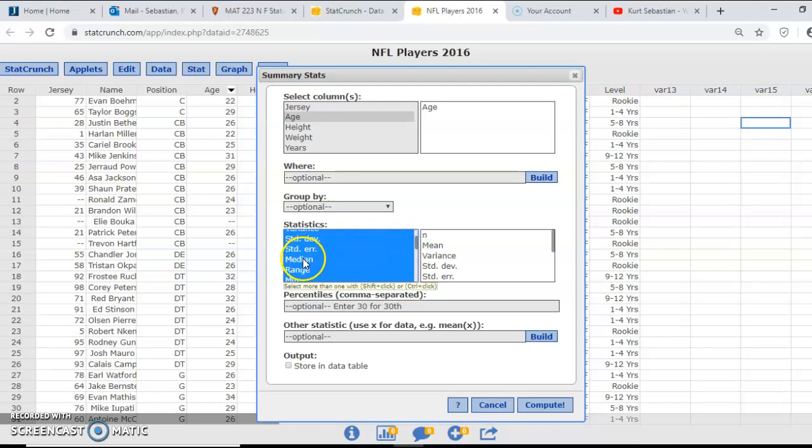I want the median. And then I want the minimum. I'm going to use the control button when I'm using a PC so I don't get the range. I just want the 5 numbers. So minimum, I want the maximum, and I want Q1 and I want Q3. Okay, and that's all I want to spit out right now.